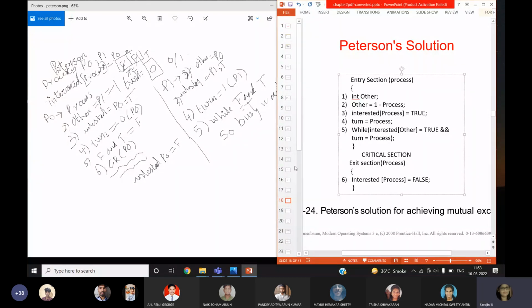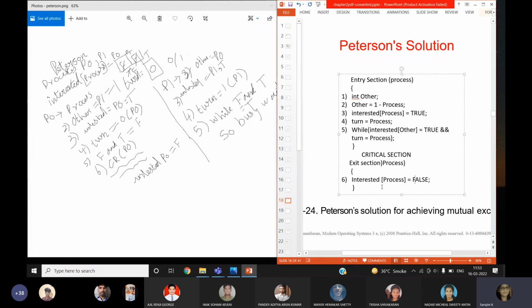Now assume that our process P0, which is currently in the critical section, has completed the execution of the critical section and is exiting from it. Immediately after it exits, it has to execute this statement: interested of process equal to false.